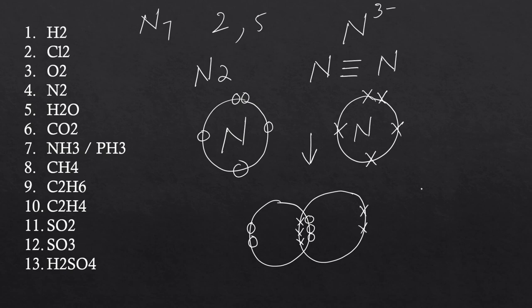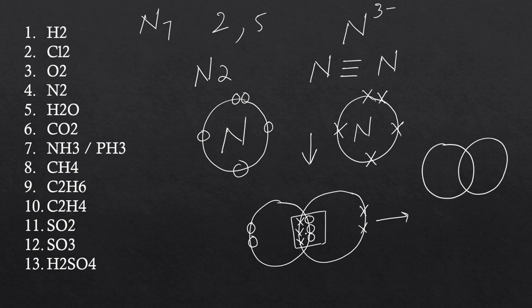But in your GCE or IGCSE, you will draw this overlapping like this. Now how many shared electrons are there? 3 pairs are there. One pair, second pair, third pair. So you will draw one dot, then cross, dot, cross, then dot, and then cross.